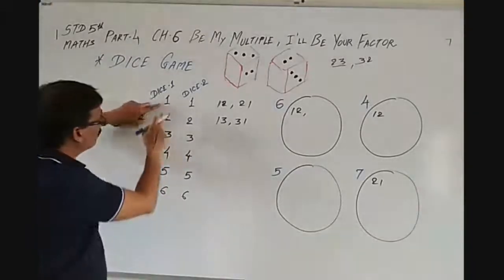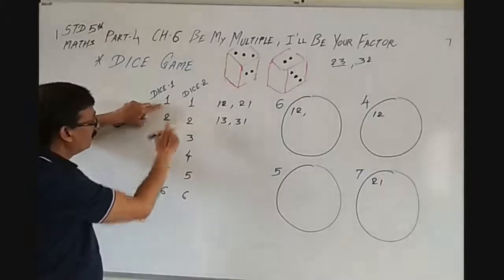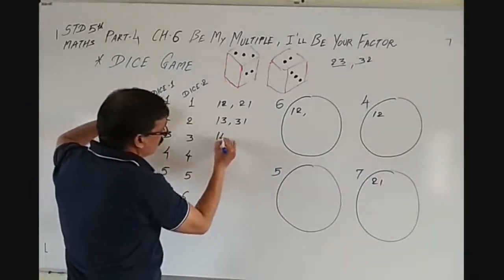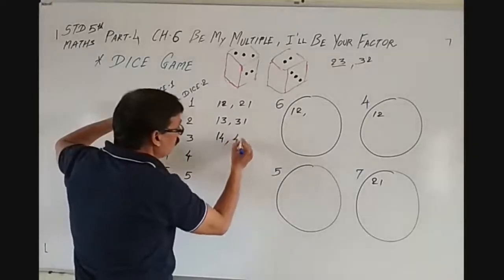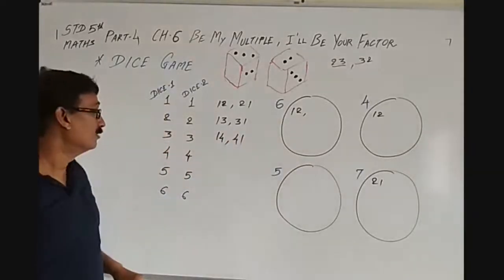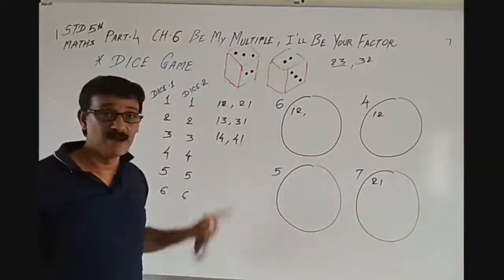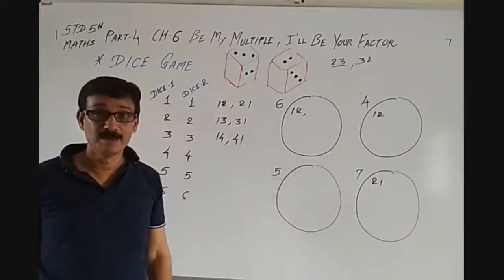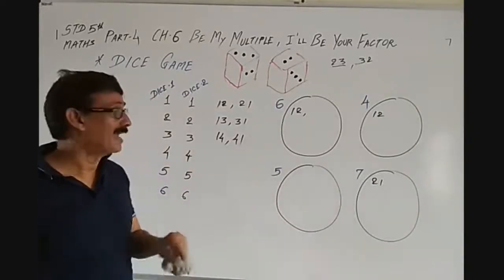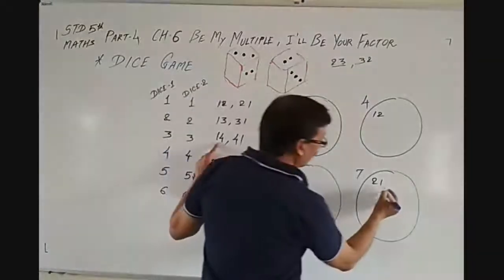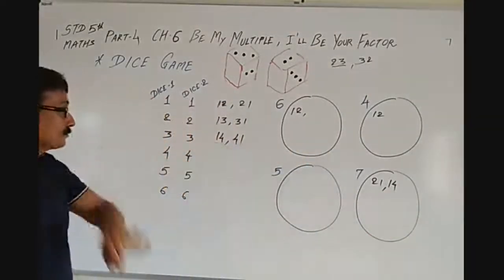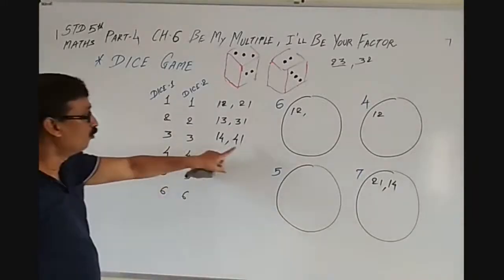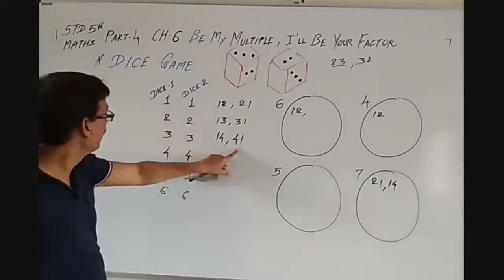So let me go with 1 and 4. And let me change the place, that is 41. Now, can you see for which number 14 is a multiple? Right, 14 is a multiple of 7. Let's go further. 41 is not a multiple of any number.